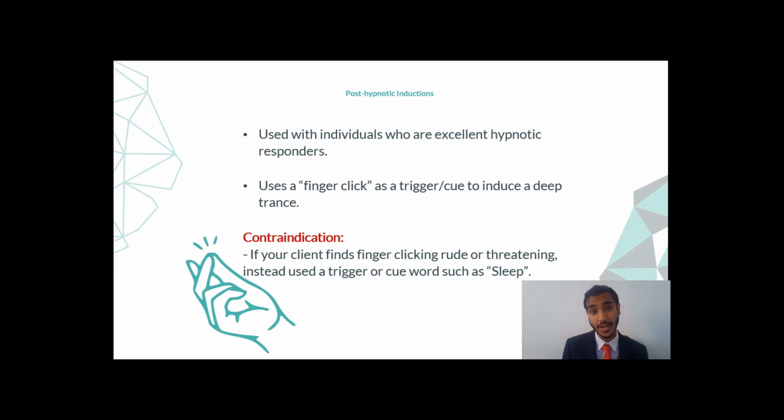Or if you don't have time, you can speak to your client and see if they'll be willing to allow you to install the post-hypnotic induction in subsequent sessions, so that in the next session when they do come, you can install it there to be used in the third and fourth and so on session to come. So it's a very useful technique and one that you will probably use quite often. So let's now take a look at the script for this technique.